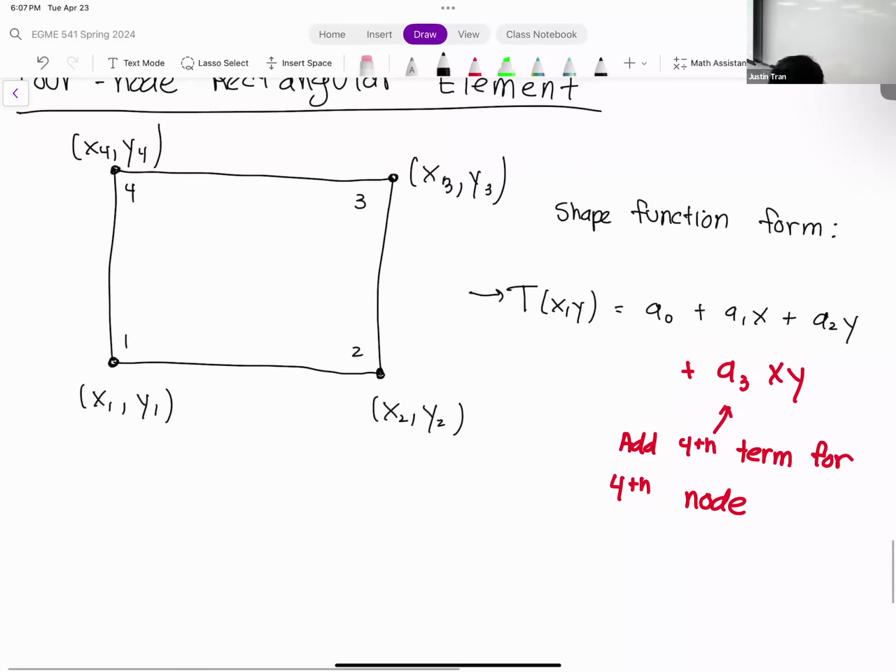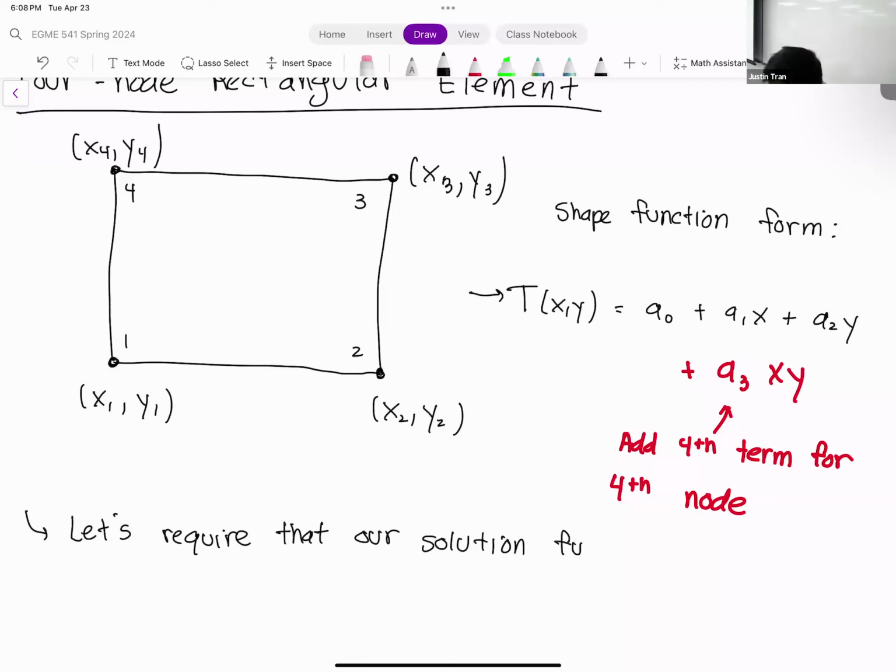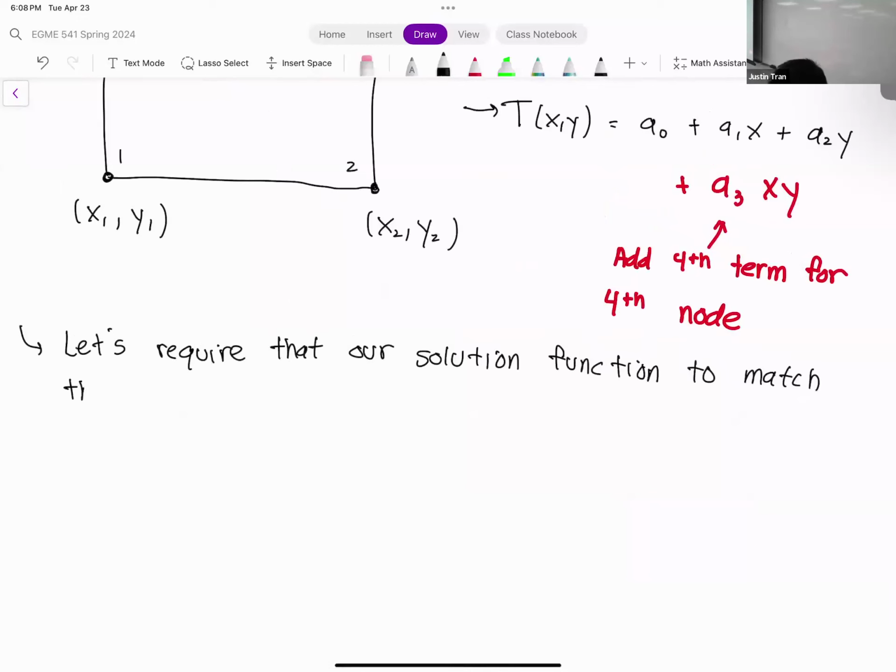All right. So just like before, the way that we're going to derive our 4 shape functions in this case is to require that our solution here matches the nodal solutions. Since we have 4 nodes here, that means we're going to have 4 equations that we need to solve for.